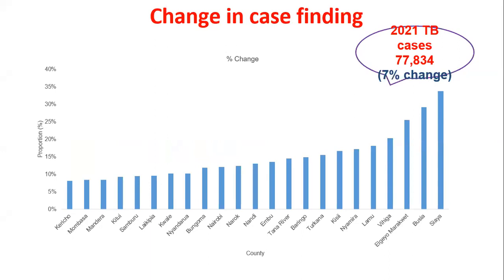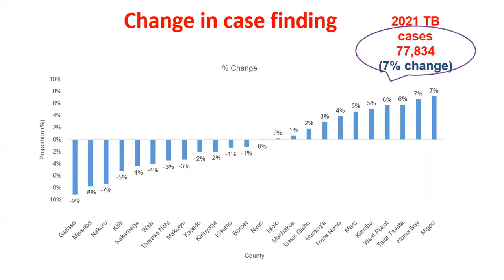For example, Siaya was able to notify almost 35% more cases than the previous year, while Kericho was able to notify about 8% increase in TB case notification. So this slide just shows the counties that have posted an increase of more than 7% in the year 2020 of TB cases.